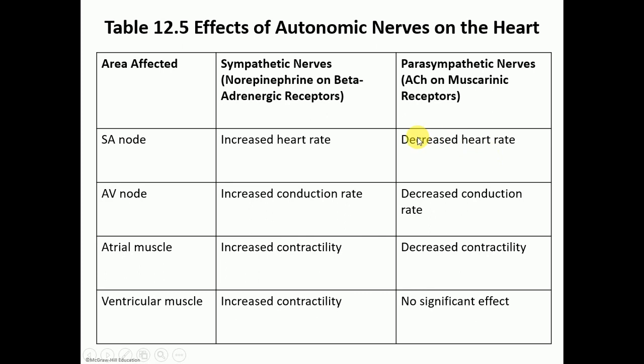Parasympathetic fibers are going to decrease heart rate due to their inhibition of the SA node. They're going to decrease the rate of conduction through the AV bundle, and decrease the force of contraction of the atria. And again, it has a non-significant effect on the ventricular force of contraction.